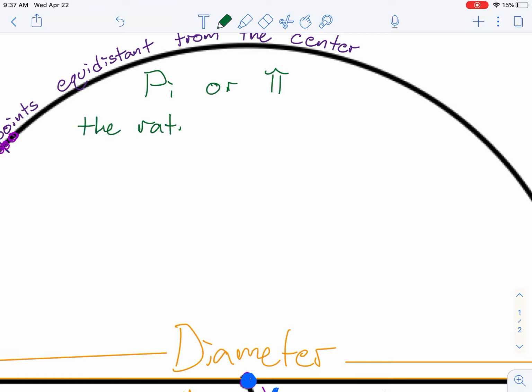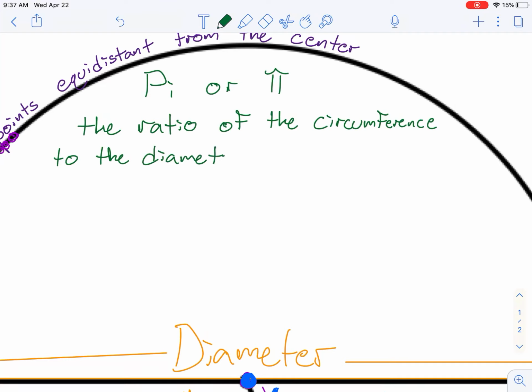So pi is the ratio of the circumference to the diameter of a circle.